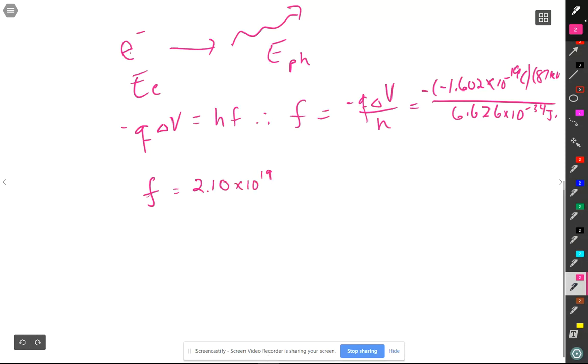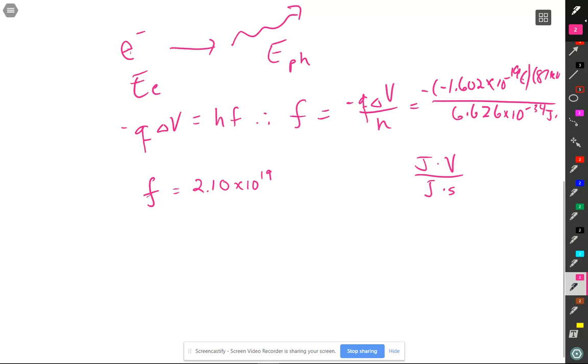And now let's look at the units just to make sure that we are down with this. I had a coulomb on top, a kilovolt, over joule times second.